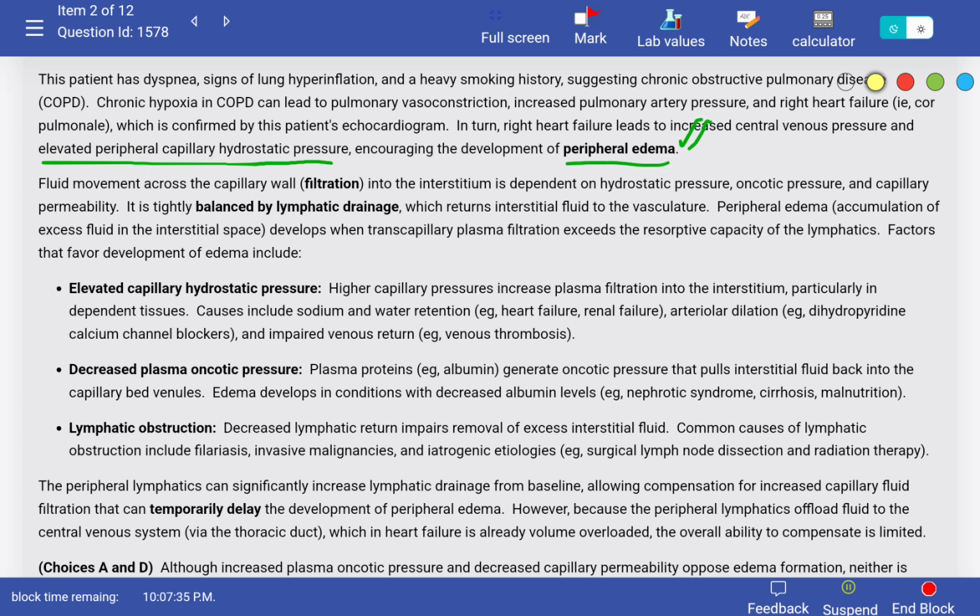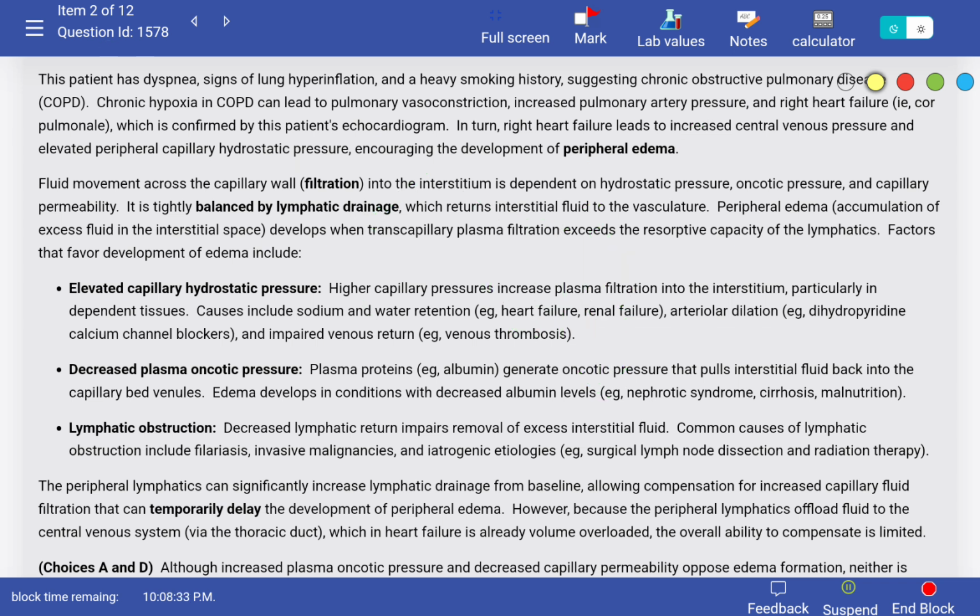As we have noted, in case of left heart failure we will have pulmonary edema, because the fluid is moving backward, and in right-sided heart failure, this will accumulate in the peripheral portion of the body. So that would cause peripheral edema.